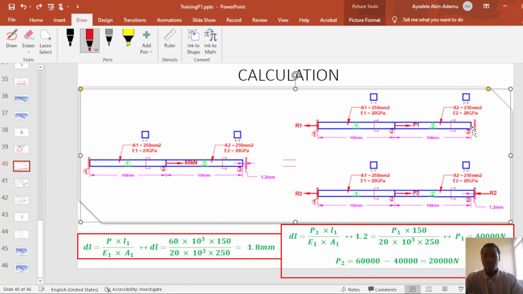The remaining part of the force, which I define as P2, will be resisted by the two bodies, not just by body 1. It will be resisted by body 1 and body 2, and it will cause a reaction at both supports.